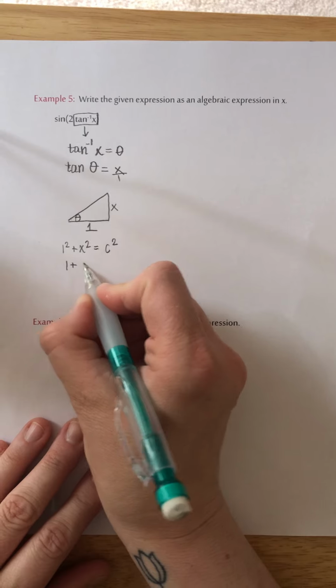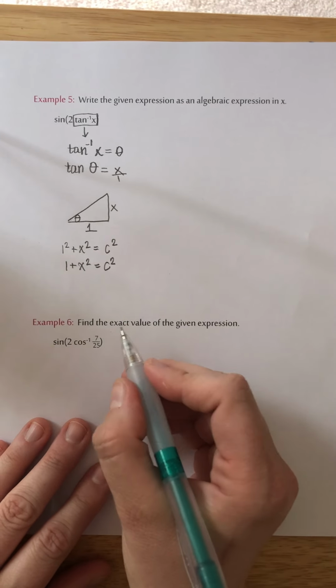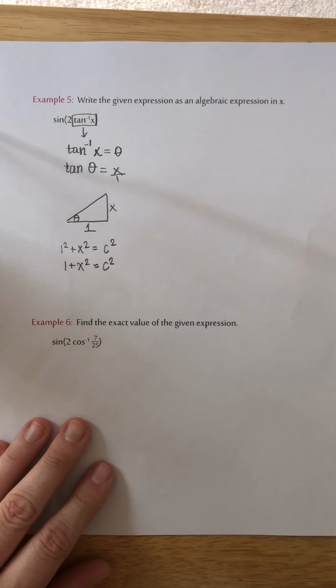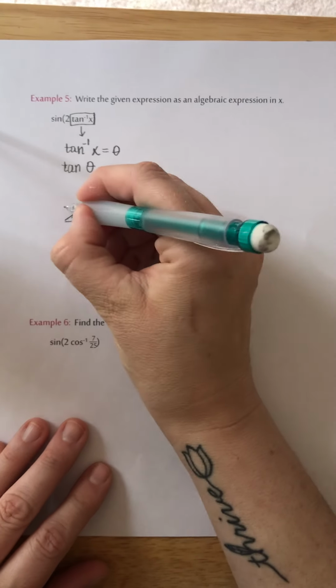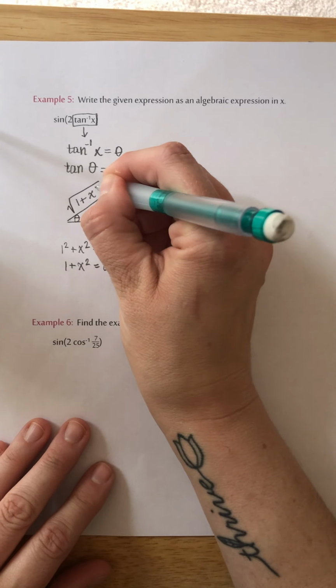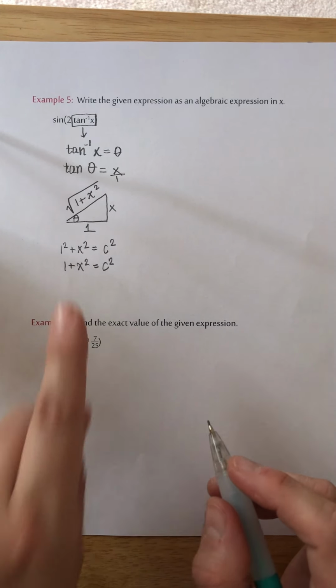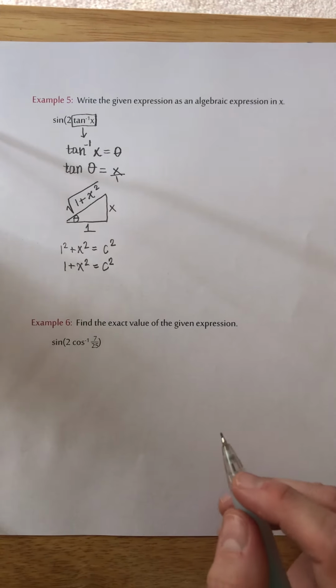This just becomes 1 plus x squared. And then we have to square root, right? And remember, we said for the hypotenuse, it's only going to be the positive version. So our hypotenuse is going to be the square root of 1 plus x squared, or you might like to write the square root of x squared plus 1. If you like the variable in the front, that is totally fine. So right there, we have a picture.